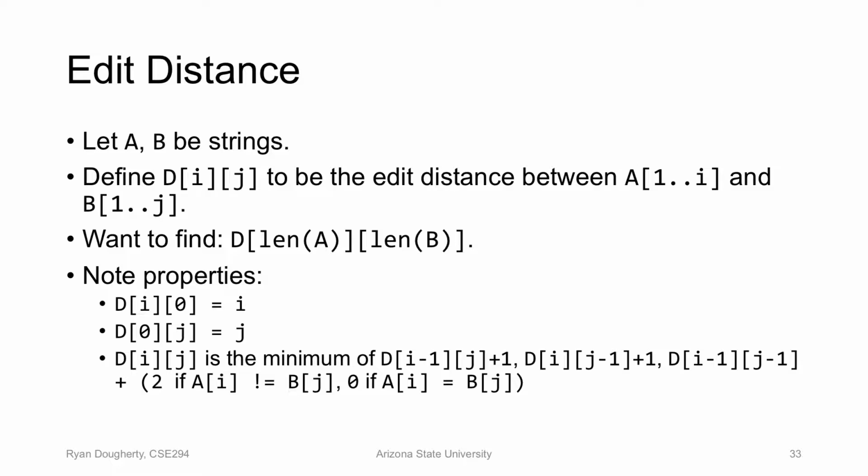All this crazy stuff? Well, not crazy, but if we're considering the I characters of A and J characters of B, either I can chop off 1 character of A and leave B alone, or I can chop off 1 character of B and leave A alone. Or, either the last characters of A and B are the same or they're not.